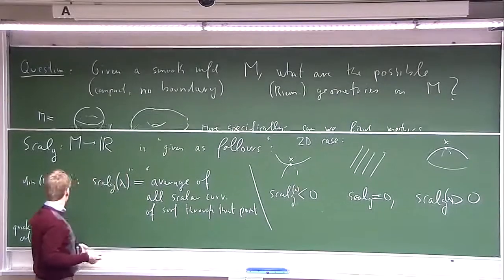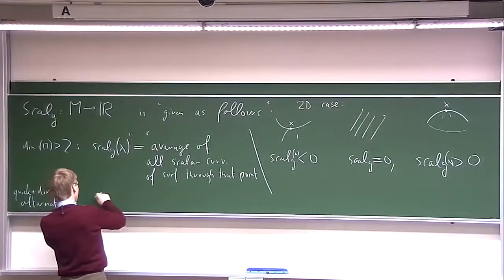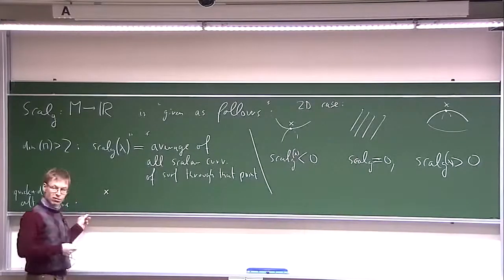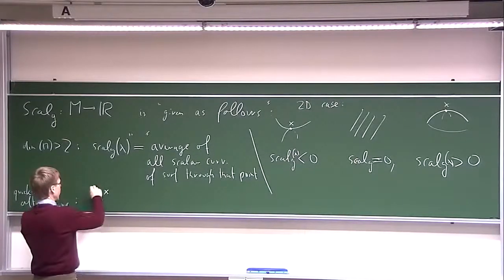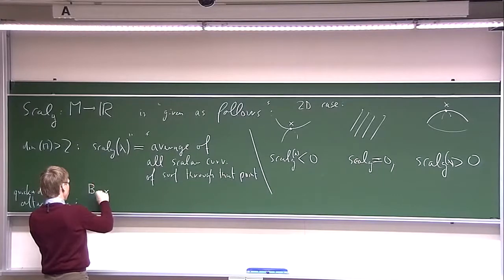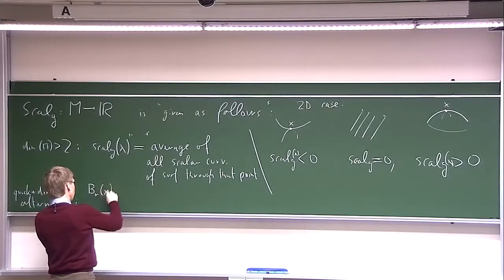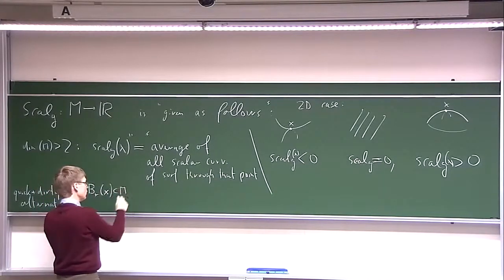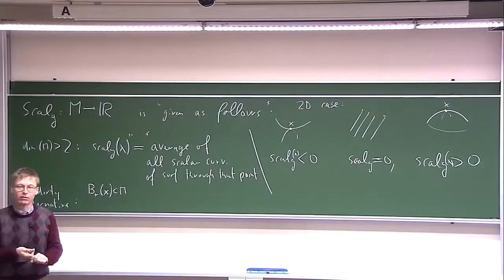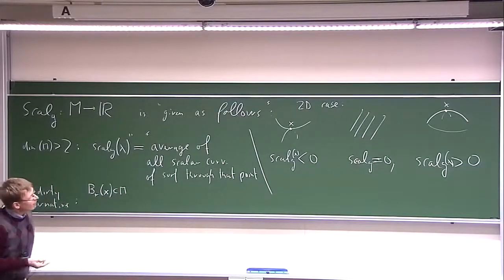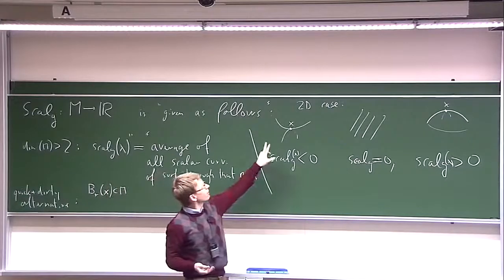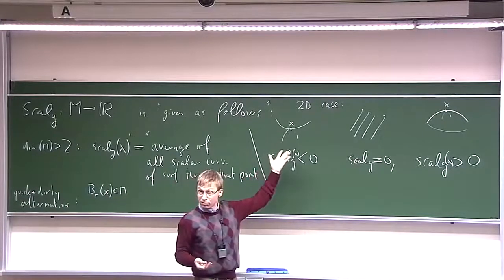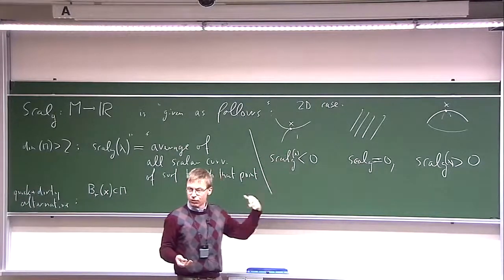So if you have a point x in our manifold, we can use this distance concept to define the ball of radius r around x in the manifold, all points of distance less or equal to r. And the second thing we can do if we have a Riemannian metric is measure volumes. The Riemannian metric gives us a volume form.